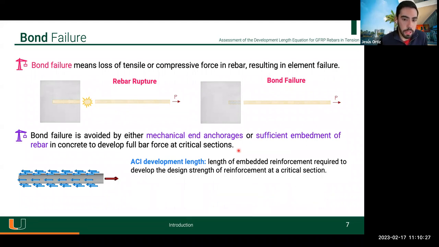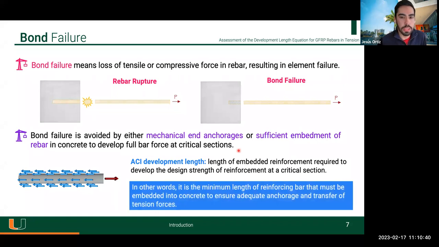The ACI defines the development length as the length of embedded reinforcement required to develop the design strength of that reinforcement at critical sections. In other words, it is the minimum length of reinforcement bar that must be embedded in concrete to ensure adequate anchorage and transfer those tension forces.